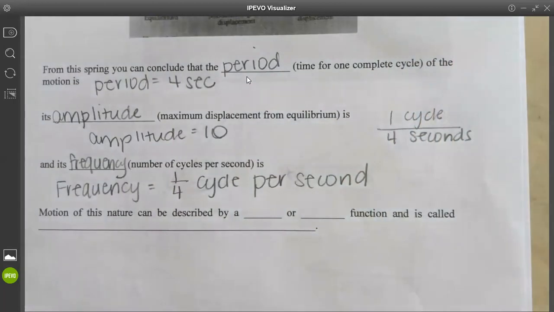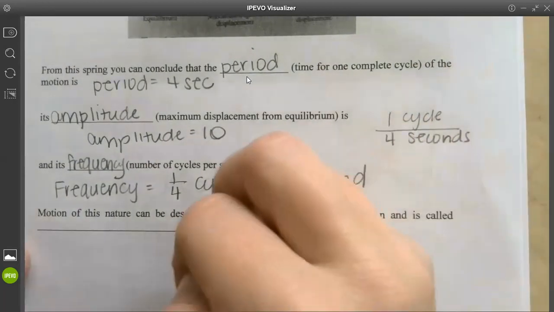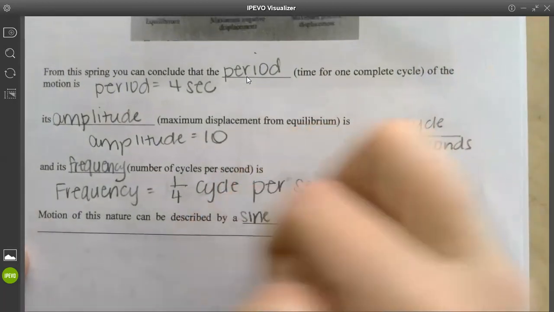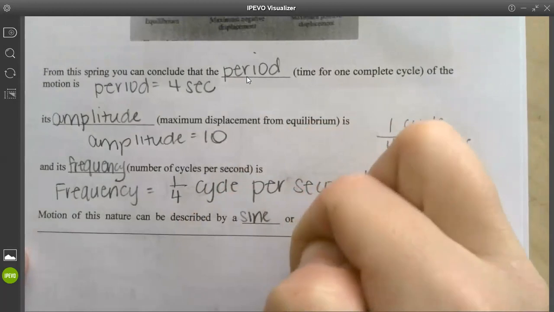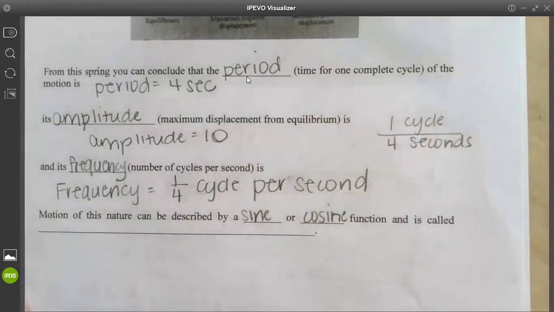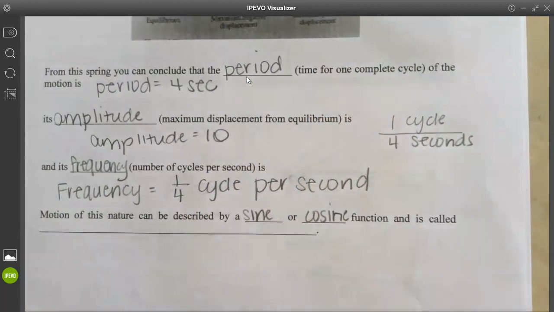Motion of this nature can be described by a sine or cosine. Why? What does a cosine or sine graph look like? Yeah, a wave, right? So it keeps that wave going. Motion of this nature can be described by that function and is called simple harmonic motion.